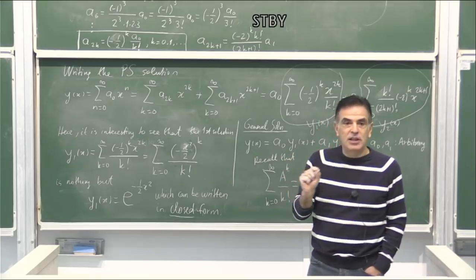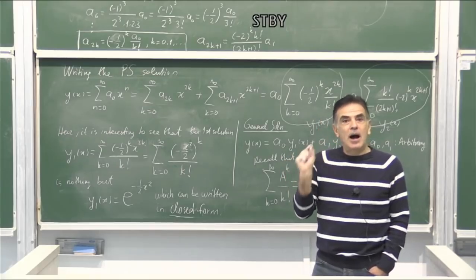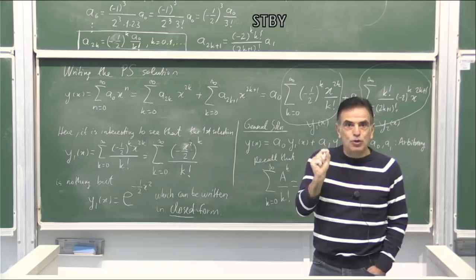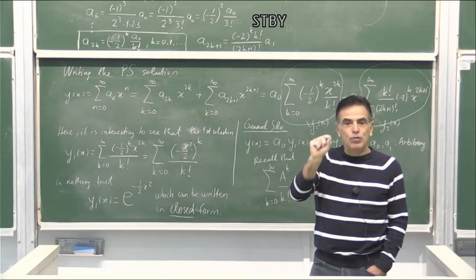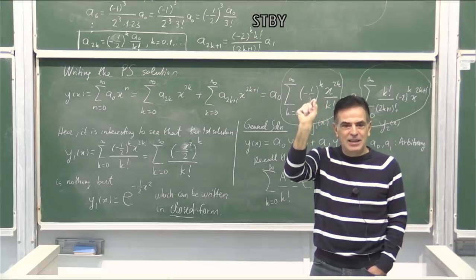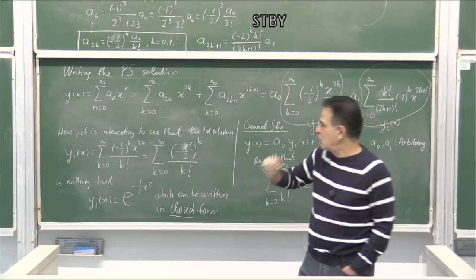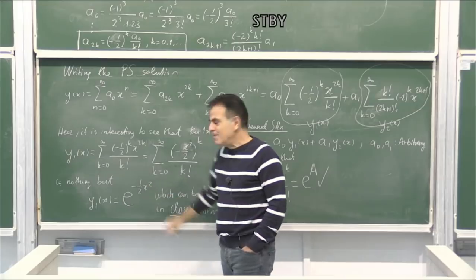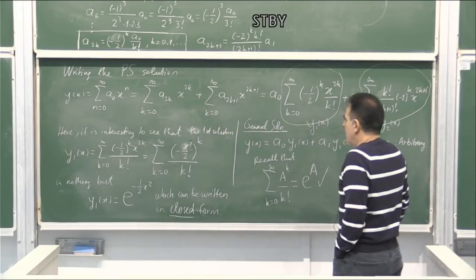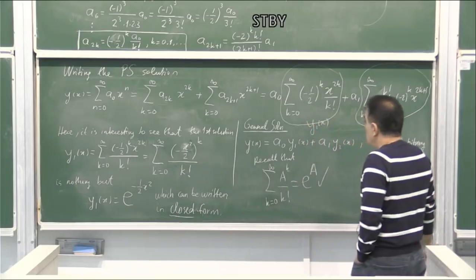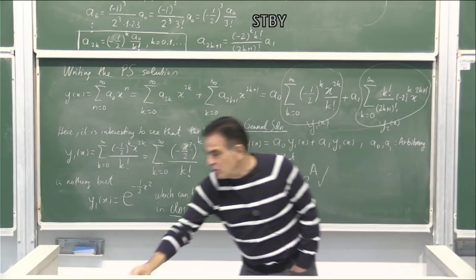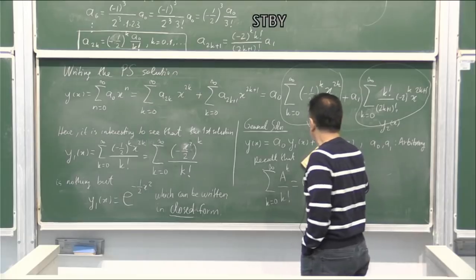Exponential functions that may appear in the solution of a constant coefficient equation are all e to the power lambda t or lambda x, not the square of x. Okay? And y1 is this. So is it possible to write y2 in terms of an elementary function?